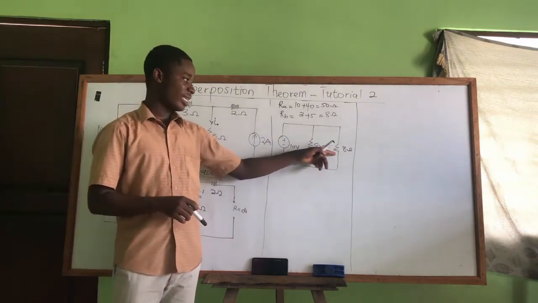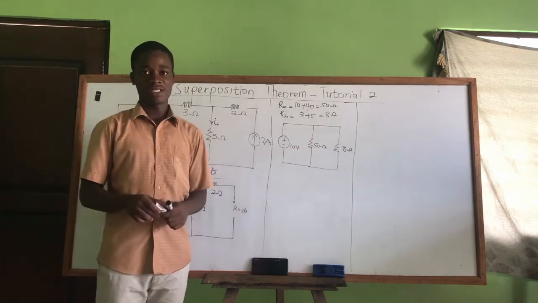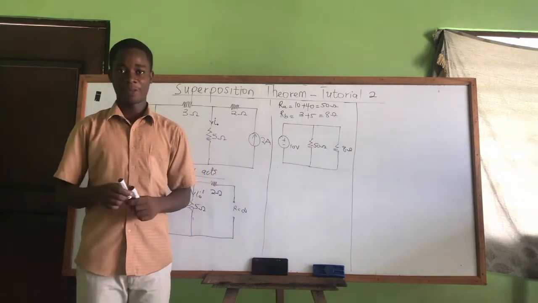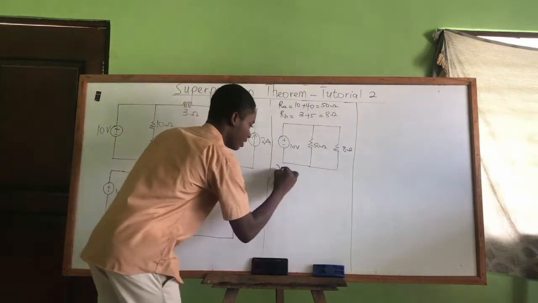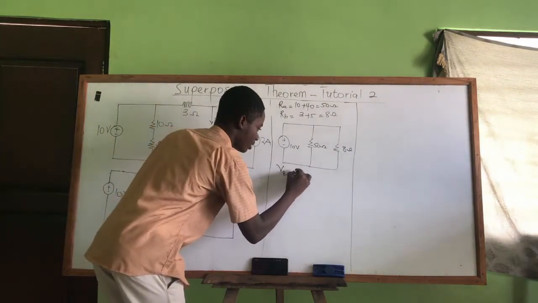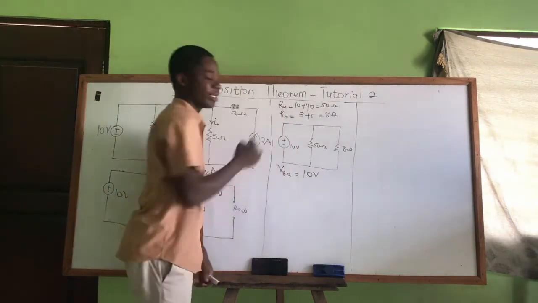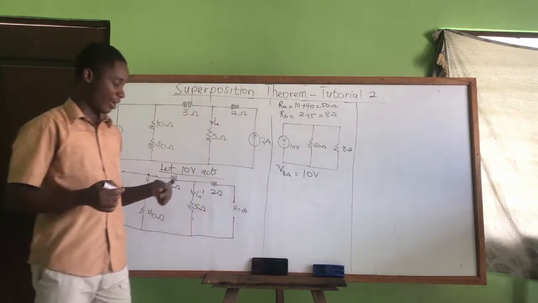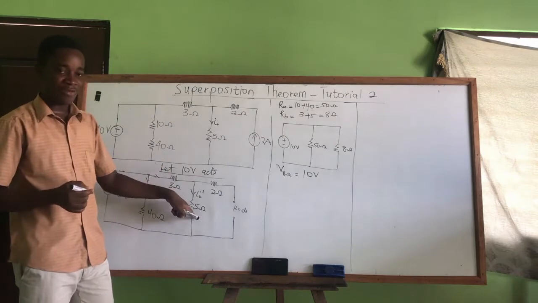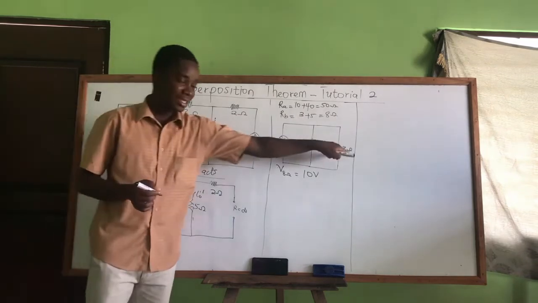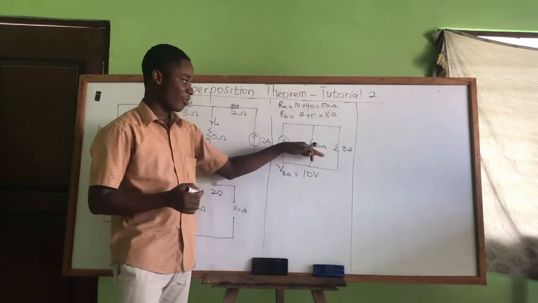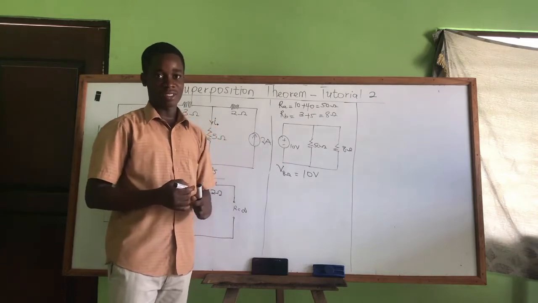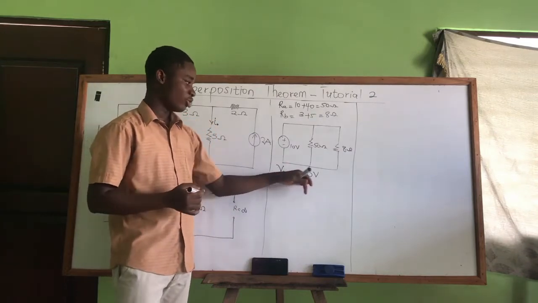The voltage across the 8 is also what? The same as the source voltage because they are all in parallel. So I can say that the voltage for the 8 ohms is what? 10 volts. I'm working on the 8 because the current I want is the current through the 5, and that 5 is joined with the 3 to give us the 8. So I won't bother with the 50. I'm just focusing on what? The 8 ohms.